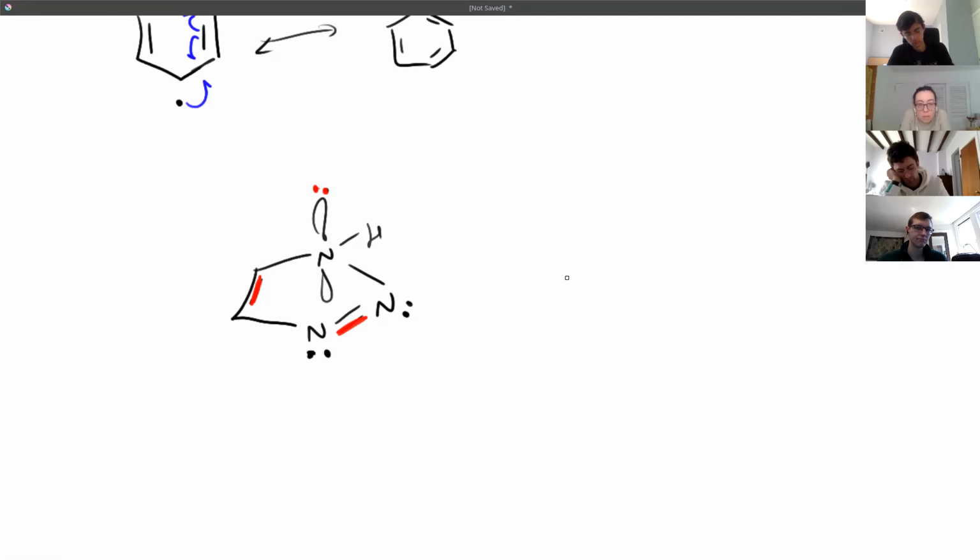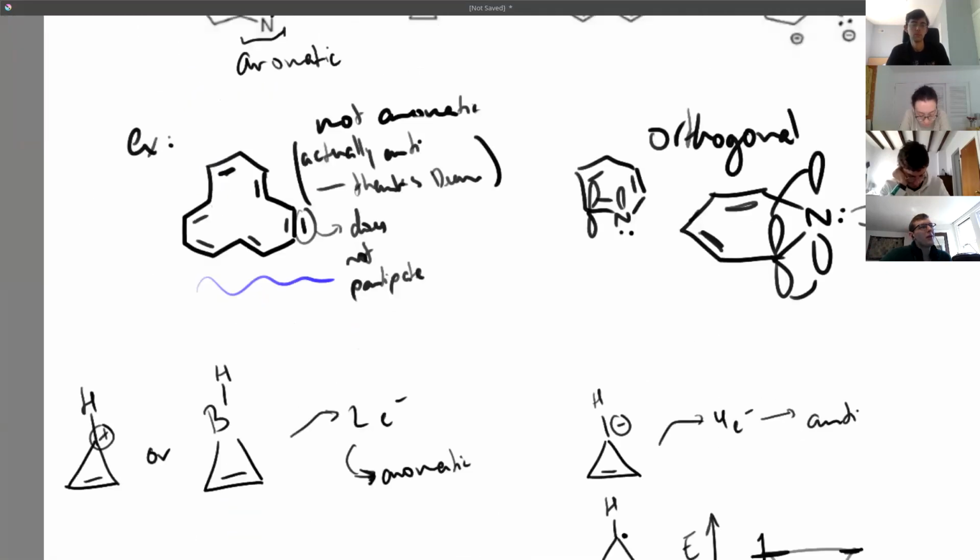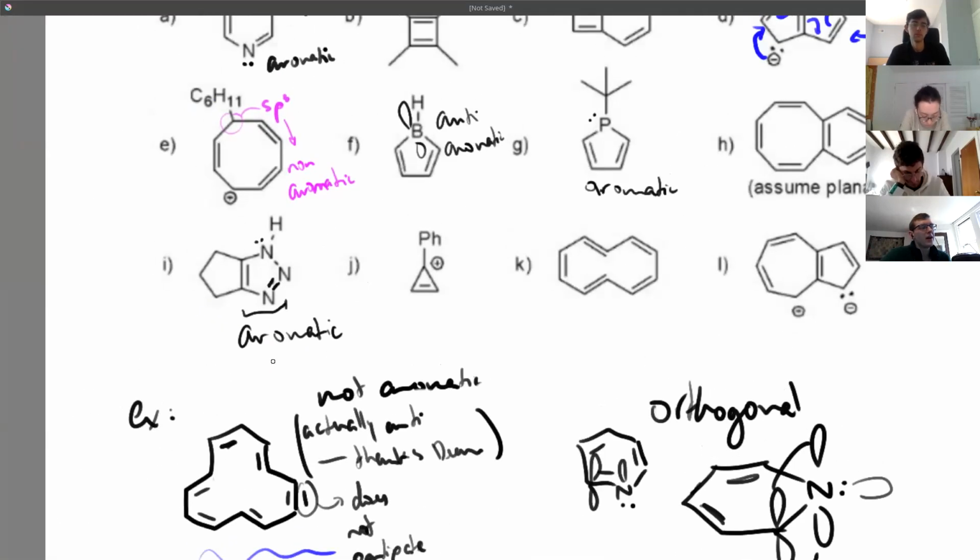So does that make the whole thing aromatic? Yeah. Maybe you might want to ask what Dr. Tong or the TA would want you to say, because of course they're the ones grading you. I'm not, but I would call this whole molecule aromatic.